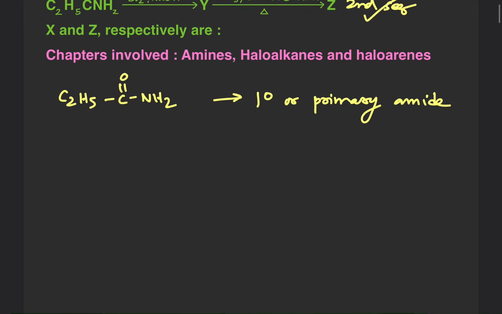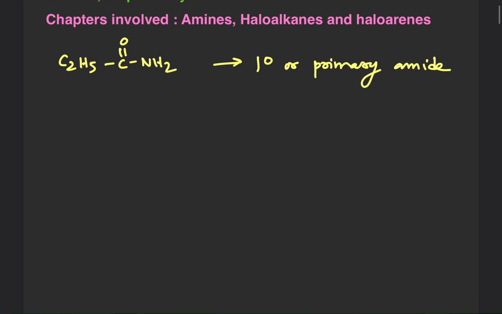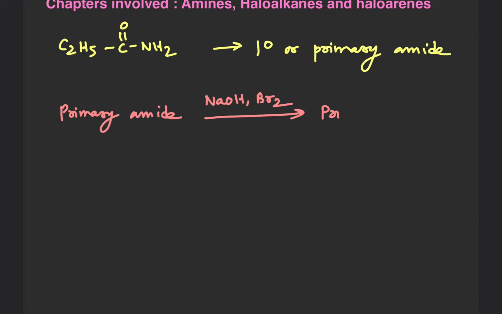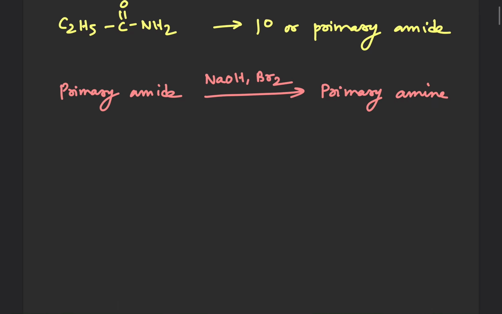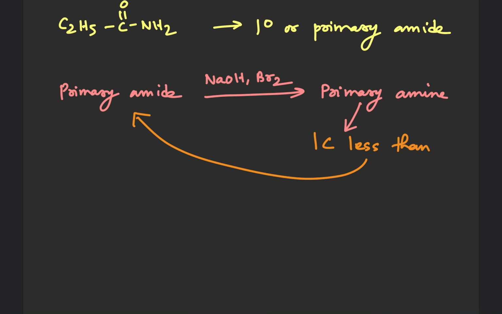Okay, and when a primary amide is treated with an aqueous or ethanolic solution of sodium hydroxide and bromine, it gives a 1-degree or primary amine. But the catch is that it will have one carbon atom less than the original amide. Okay, so this has one carbon less than this particular amide that we started with.